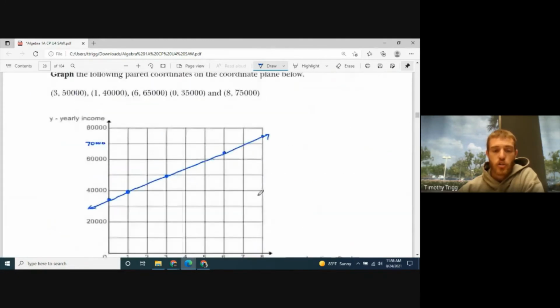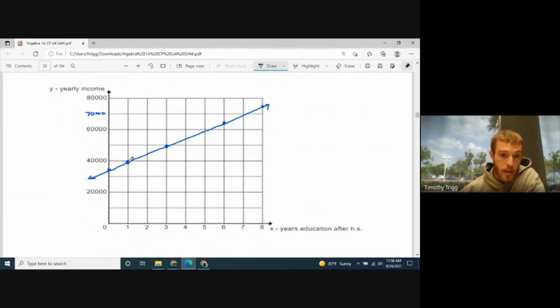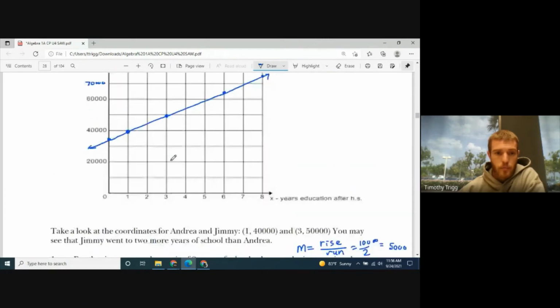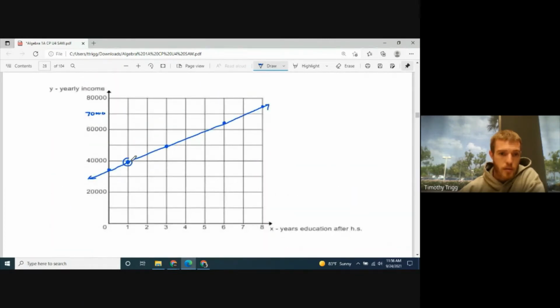Now you could always just look at your graph as well. Notice, if I'm going from this point to this point, how much do we rise? Well, we rise 10,000, didn't we? And how much do we run? 2 years. The rise over the run is going to be 10,000 divided by 2.